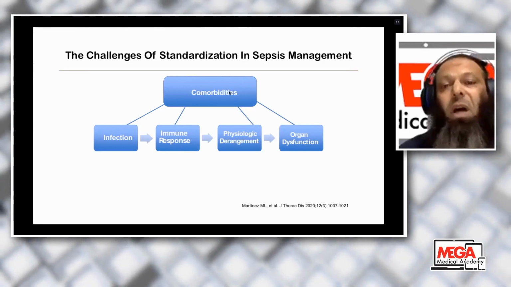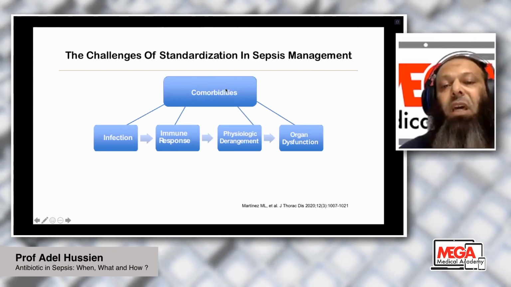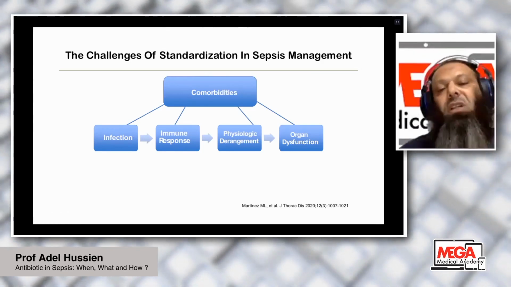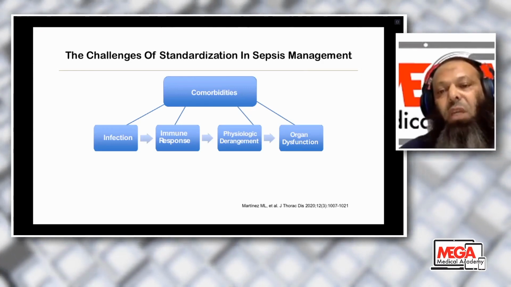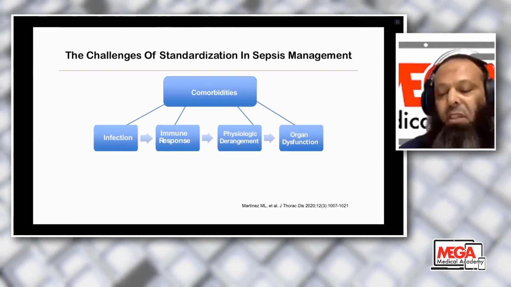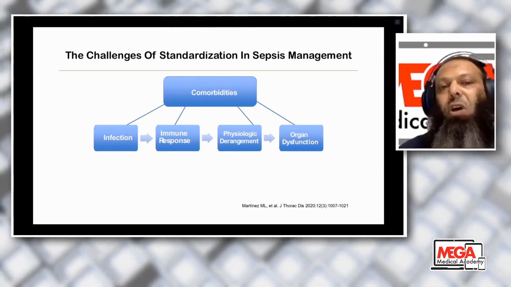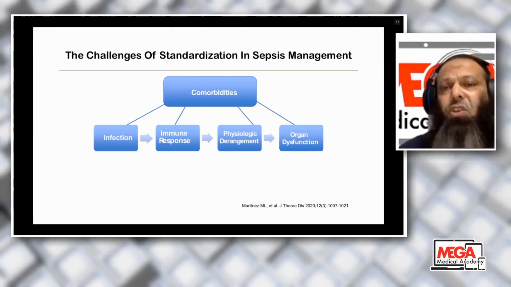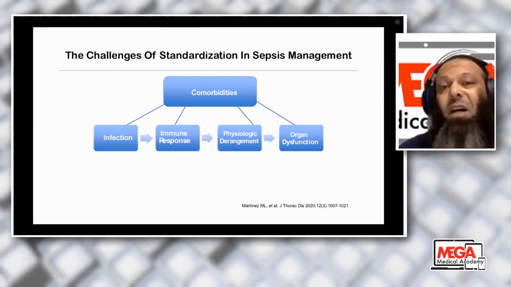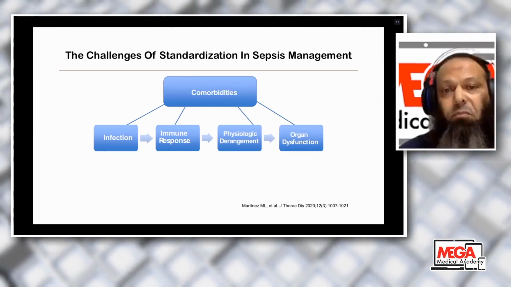Your patient has multiple comorbidities, plus the infection, the immune response, the physiologic derangement that results, and the sequelae of organ dysfunction. Those challenges have prevented standardization of sepsis management. Yes, you have the best available evidence, but you still have challenges you cannot overcome one by one.